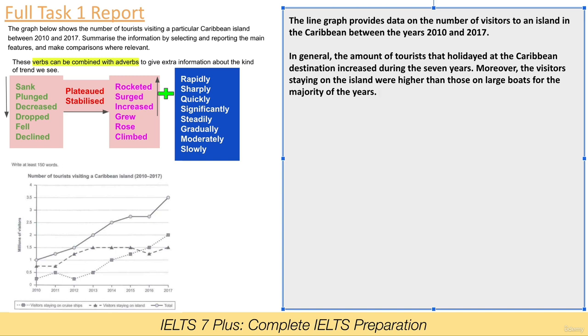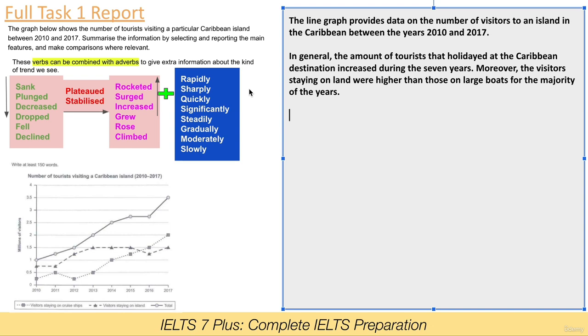In general, the amount of tourists that holidayed at the Caribbean destination increased during the 7 years. Moreover, the visitors staying on the island were higher than those on large boats for the majority of the years. Staying on land, maybe. Okay, so we're editing as we're going along. We're making sure everything sounds okay.